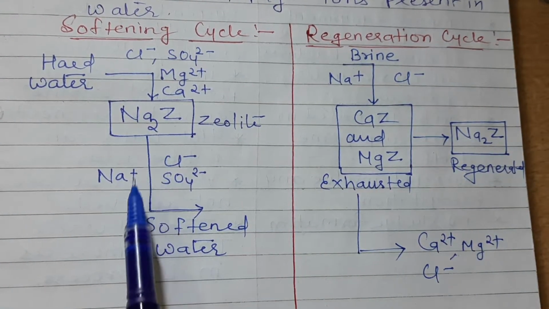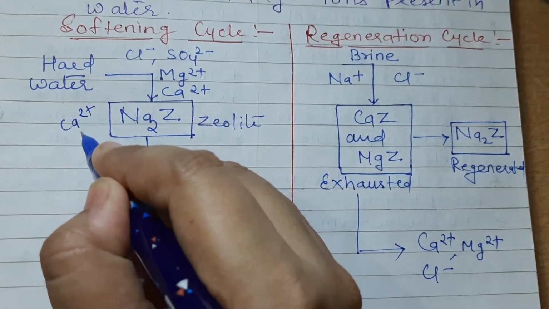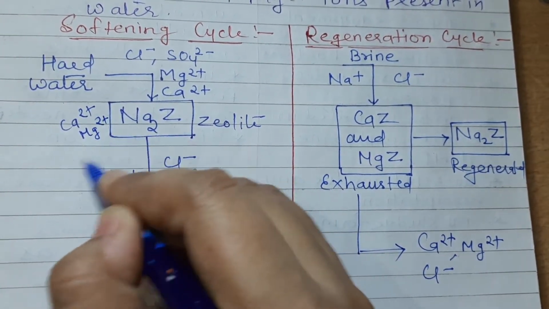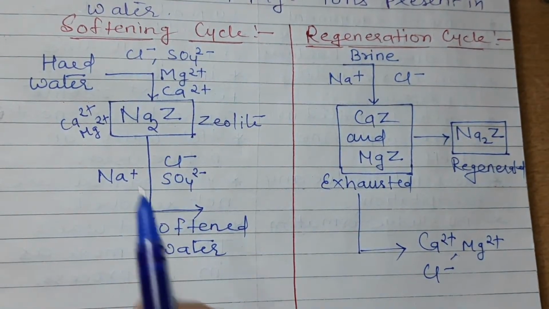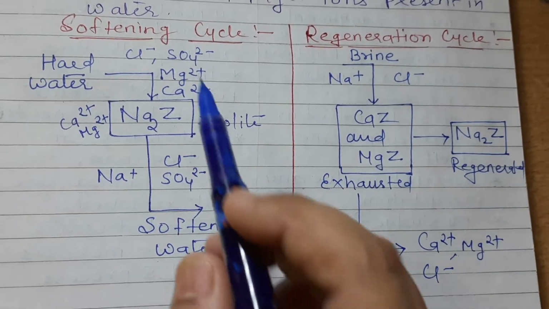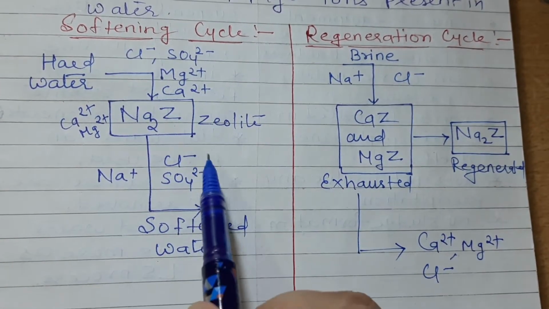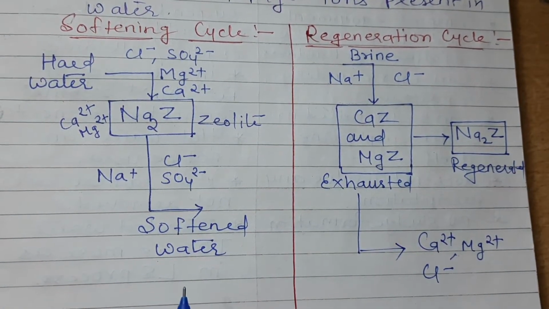The sodium ions come into the water, and this zeolite retains calcium and magnesium ions. So calcium and magnesium ions are left behind inside the zeolite, and sodium ions are now present in the water. However, you can notice that the negative ions are still here.